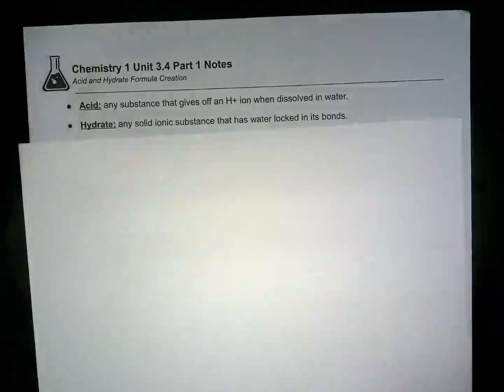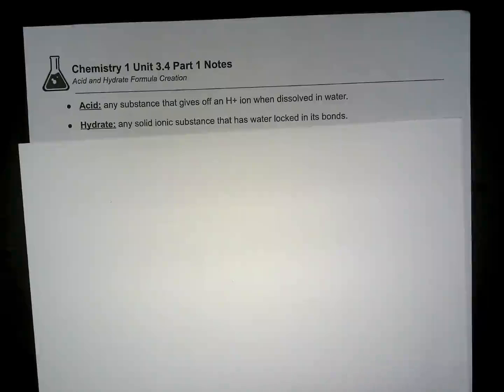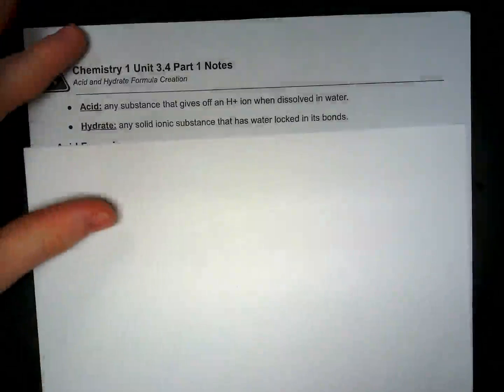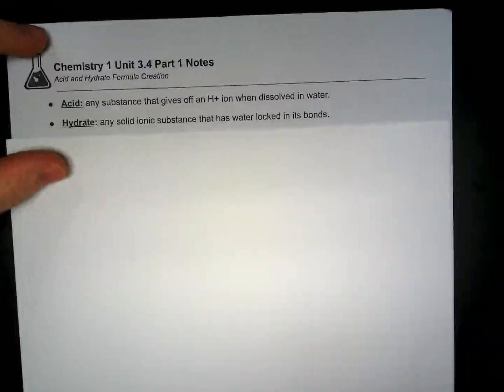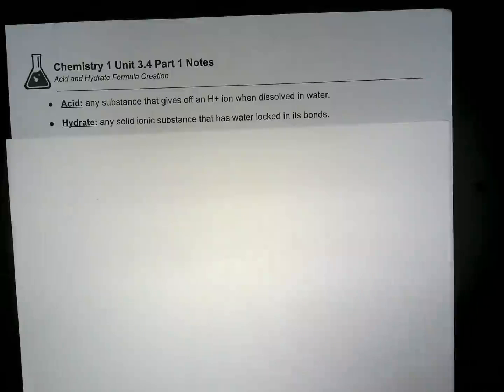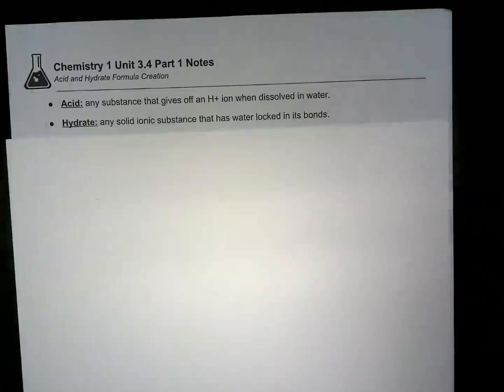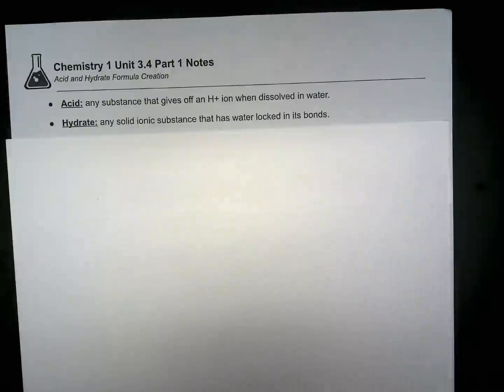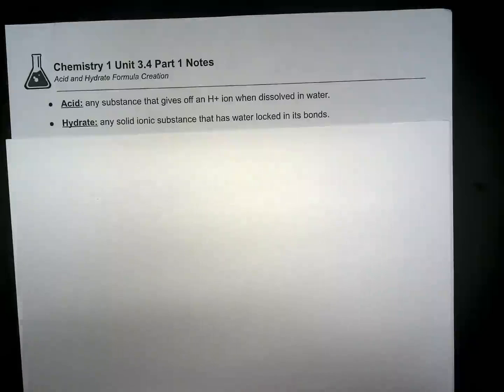So first we've got to figure out what's an acid and what's a hydrate. Simply put, and you need to know these definitions by the way, an acid is any substance that gives off a hydronium ion, positively, arguably speaking, it's not technically a hydronium, it's a hydrogen cation, when dissolved in water.